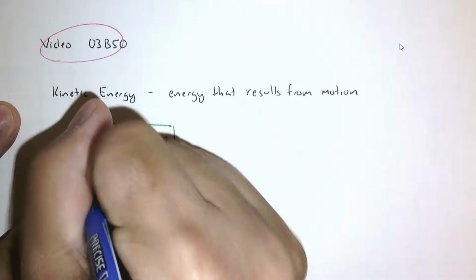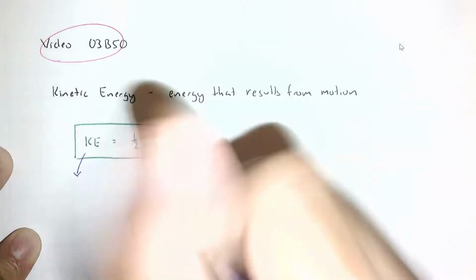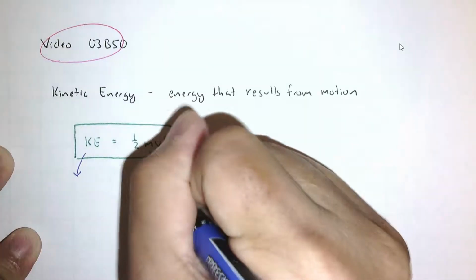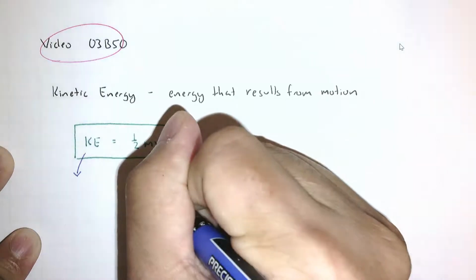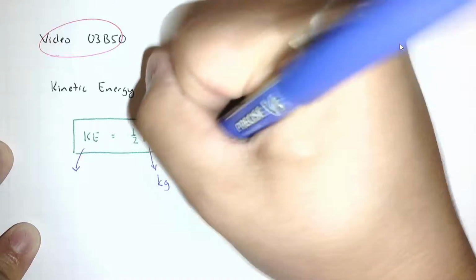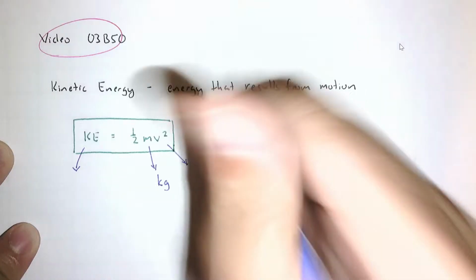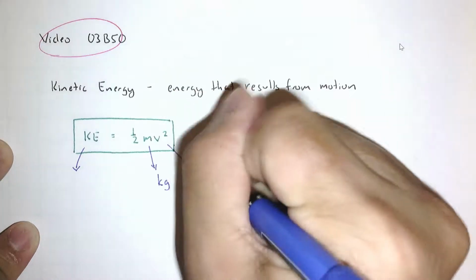And for kinetic energy, actually we'll save that for last. M is mass, but the mass here has to be in kilograms for the equation to work. V is for velocity, and the velocity is going to be squared.